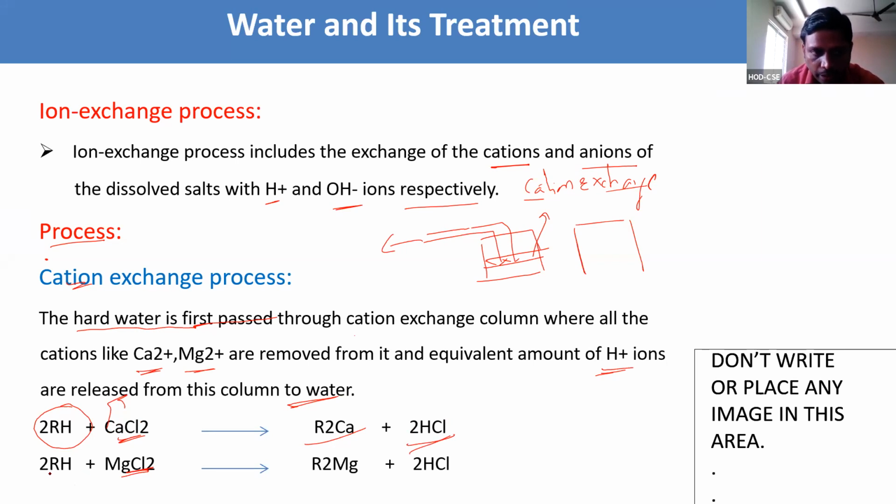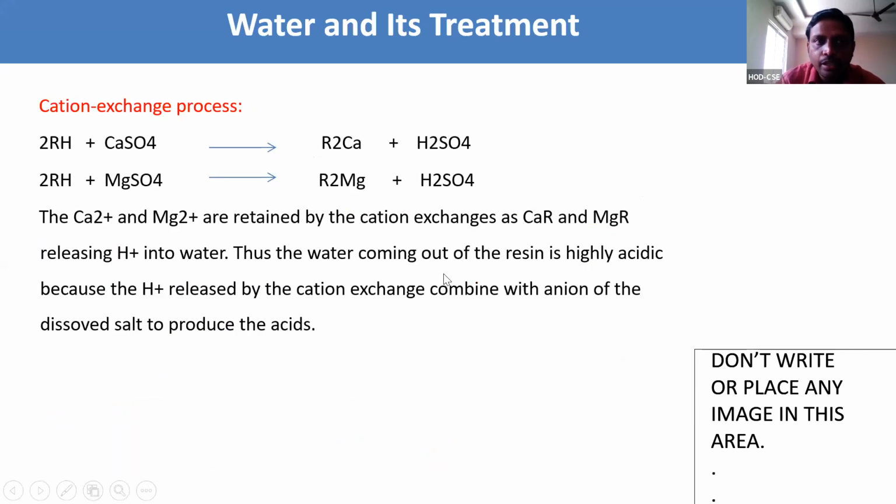That is the first reaction. In the second reaction, the magnesium chloride in the hot water passes through the cation exchange column and reacts with the resin, forming R2Mg plus 2HCl.